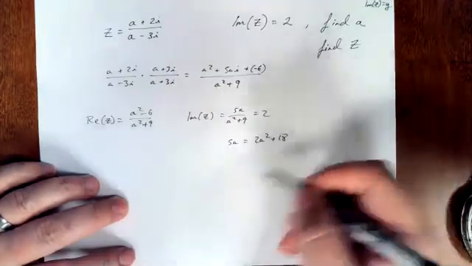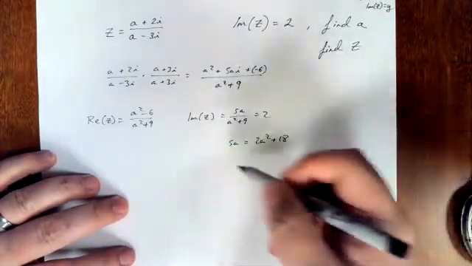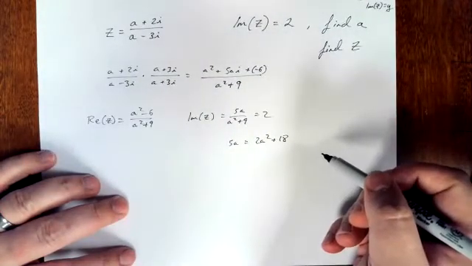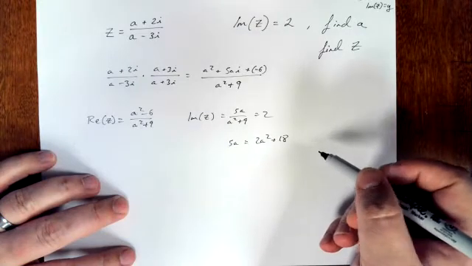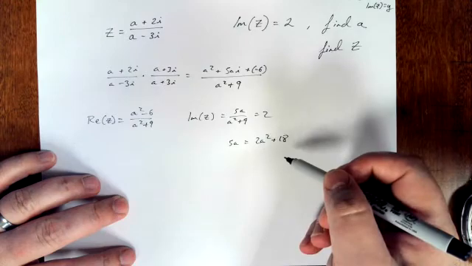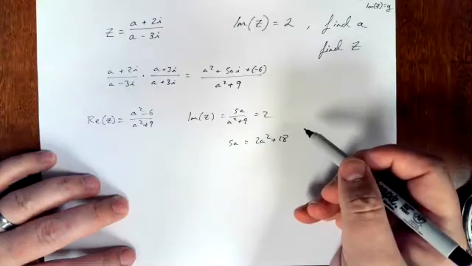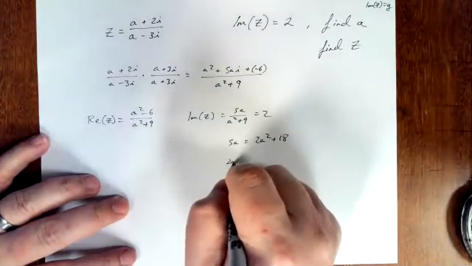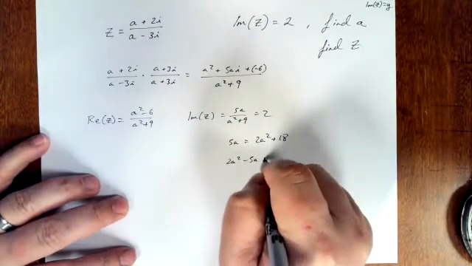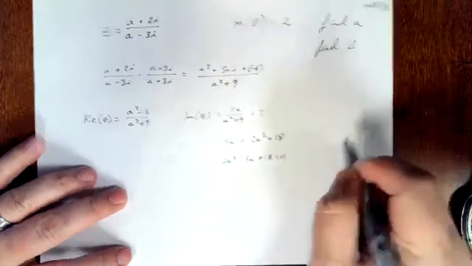Now, unfortunately, when you solve this quadratic for a, you wind up getting an imaginary number. And the problem is that a is already an imaginary number. Well, that's not true. Let's solve it anyway. Let's just do it for the hell of it. So 2a squared minus 5a plus 18 is equal to 0.